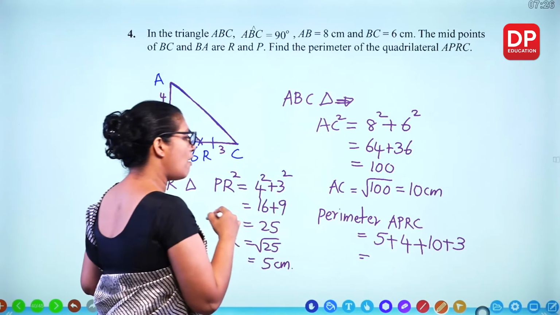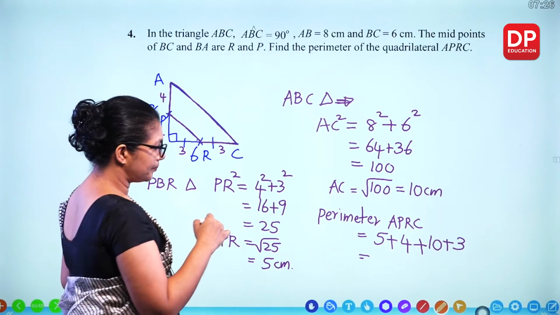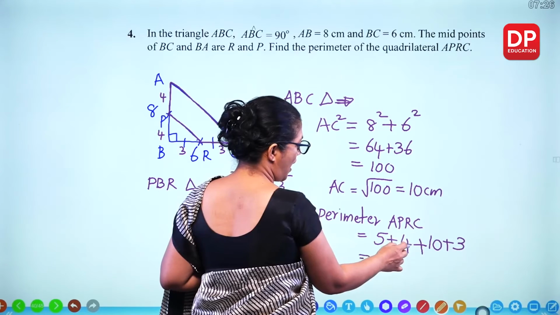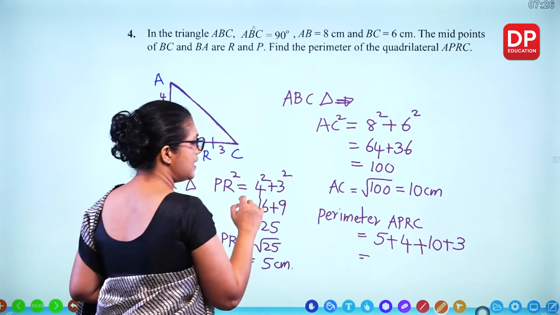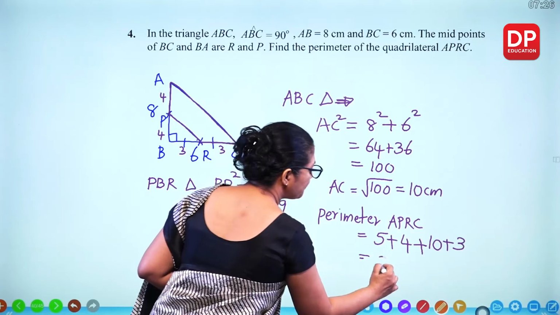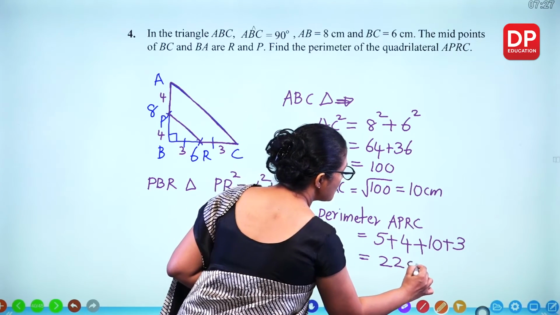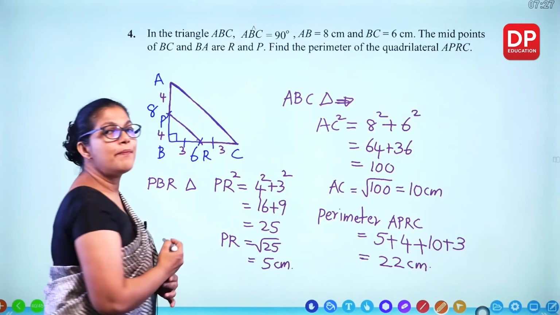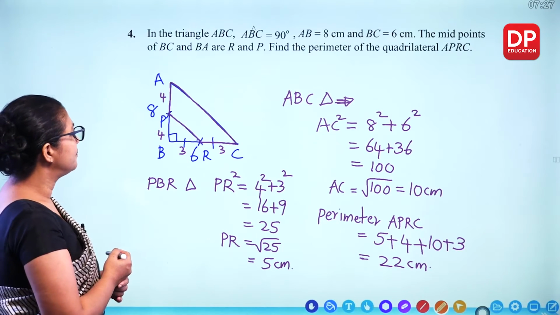So when you add all together, what do you get? 5 plus 4, 9. So 19, 22. So 22 centimeters is the perimeter of this figure.